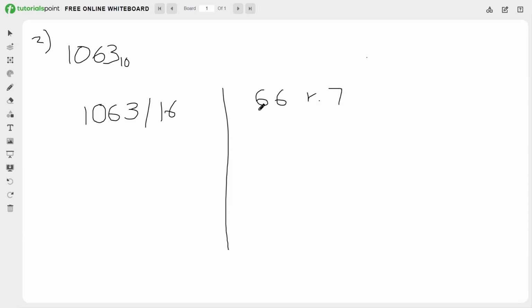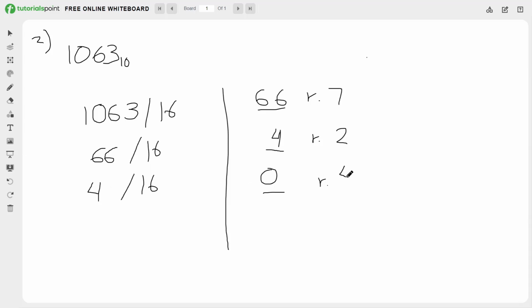So we have to take this number 66 and put it on the left part. Again, divided by 16, it is 4, and the remainder is 2. So we take 4 on the left part. 4 divided by 16 is equal to 0, remainder 4.